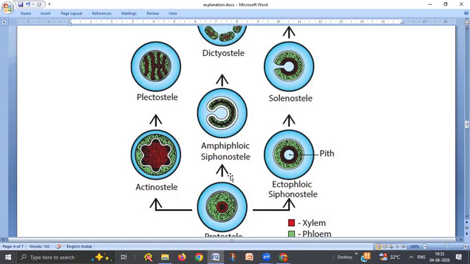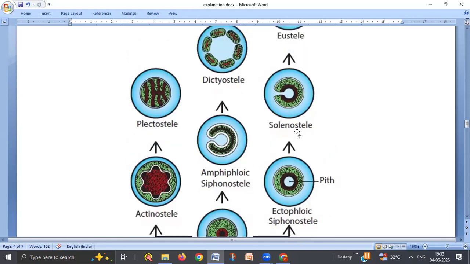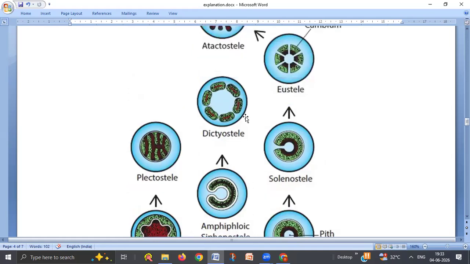In the next, a fern such as Adiantum, we observe amphiphloic and ectophloic siphonostele. And dictyostele: here the stele is divided into meristeles. That we observe in the ferns. And eustele: what is eustele?